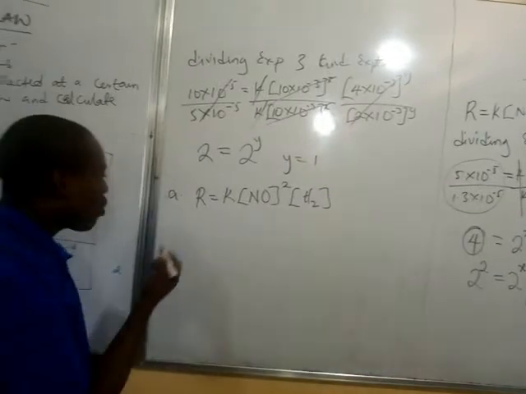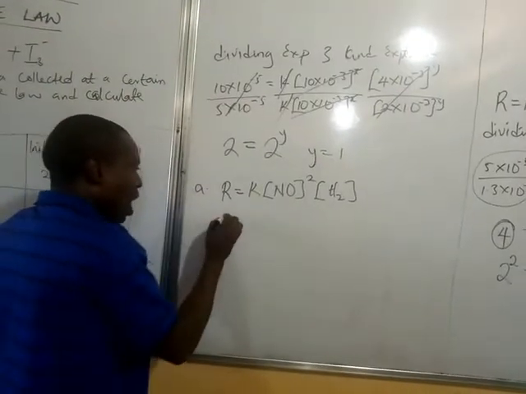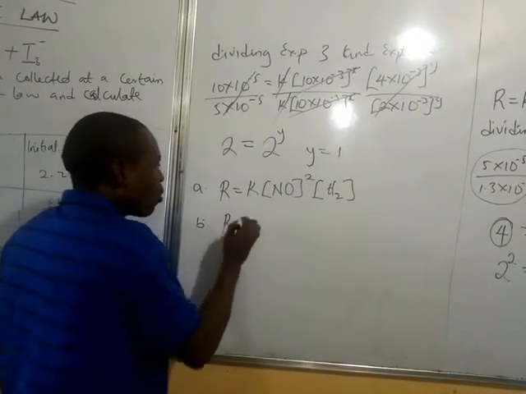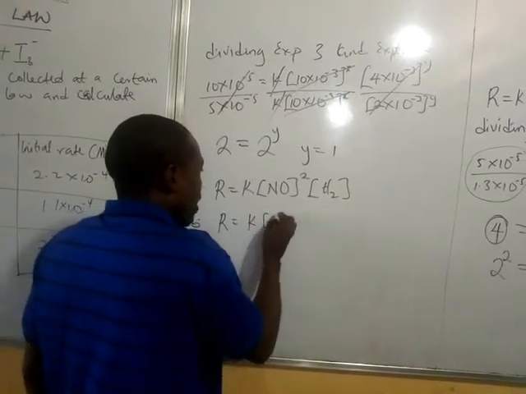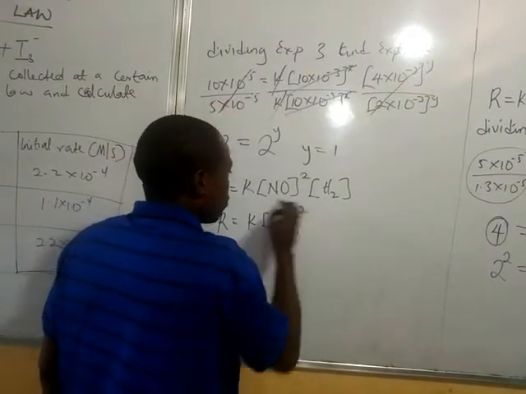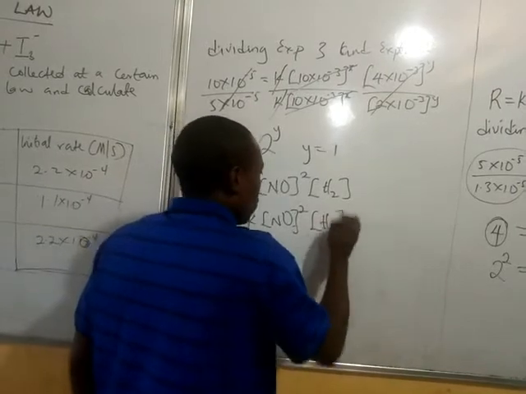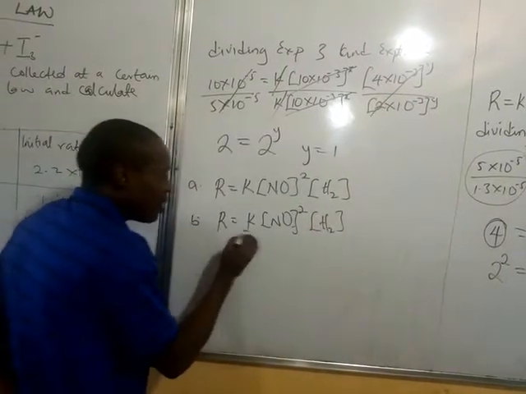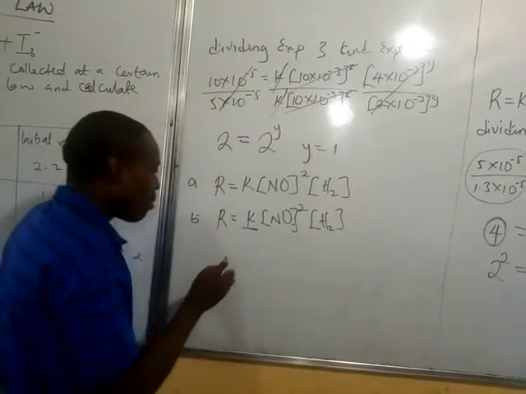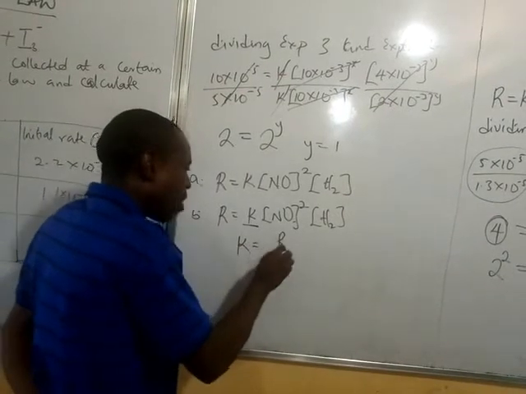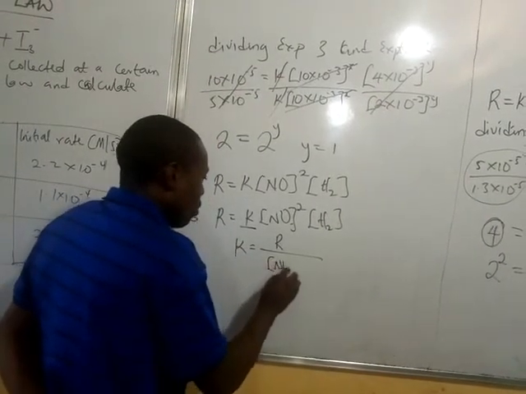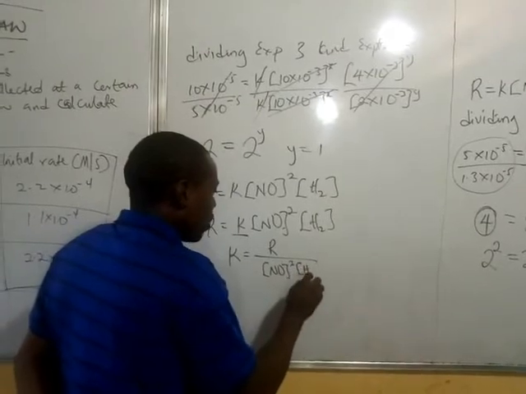Now to calculate the rate constant, which is part B, R is equal to K NO raised to the power 2 and H2. You make the rate constant the subject of the formula by saying K is equal to R over NO raised to the power 2 and H2.